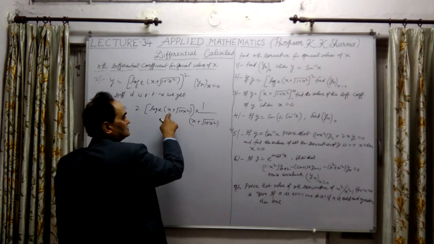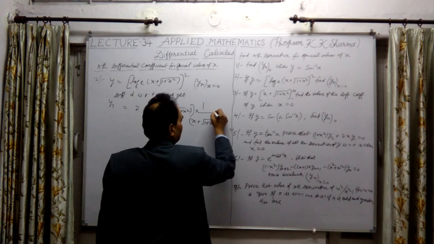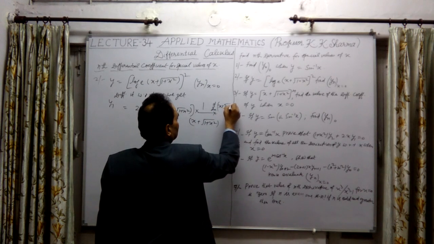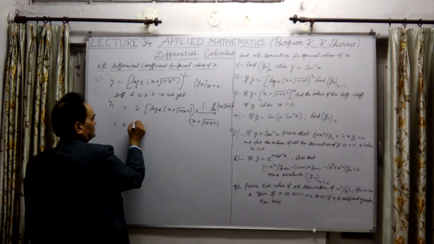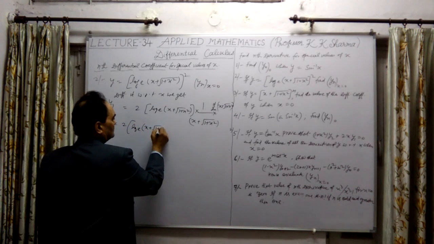But because this is not only x, this is x plus under root 1 plus x square, so we have to differentiate it again. Derivation of this, let me write here, d/dx of x plus under root 1 plus x square.